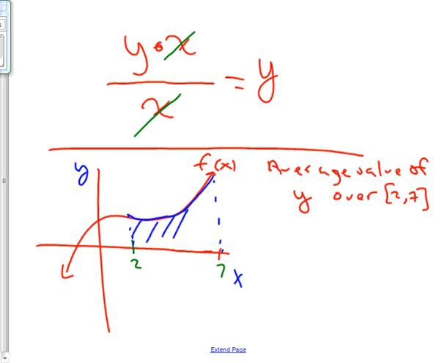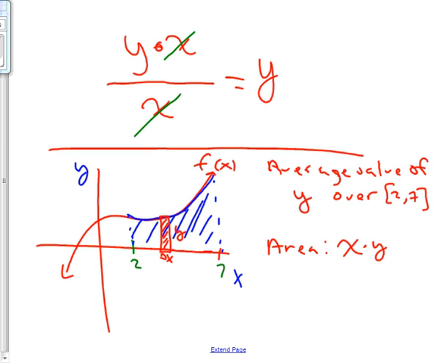What if I found that area? And that area is just the product of all of these rectangles, where this is my y value and that's my little delta x value. So the area is the product of x times y.